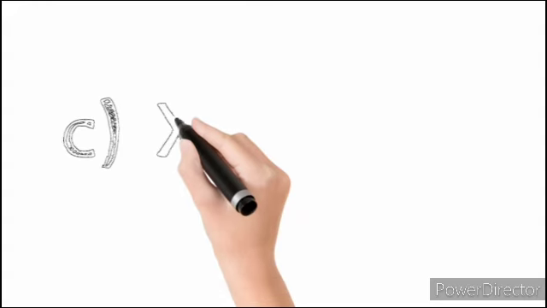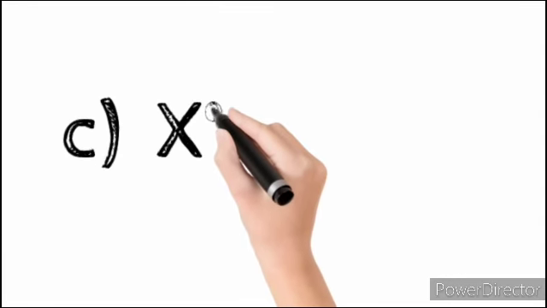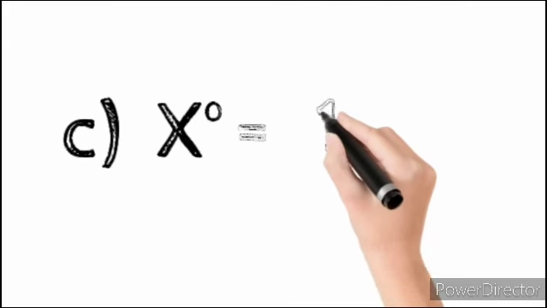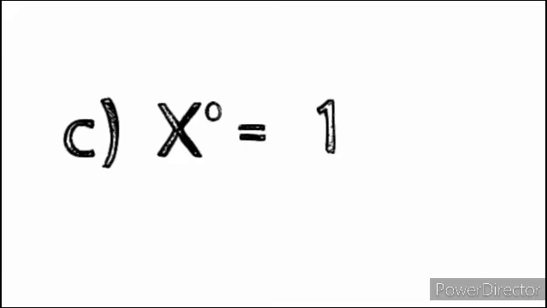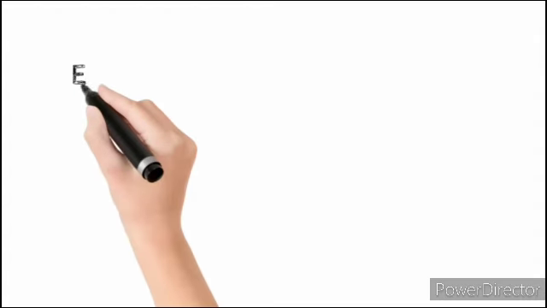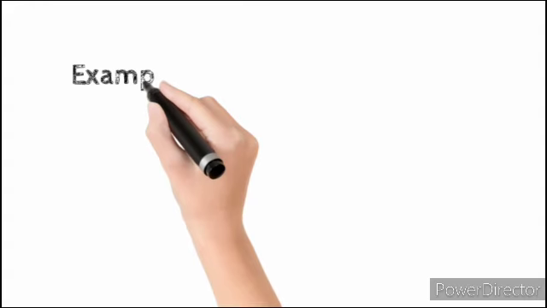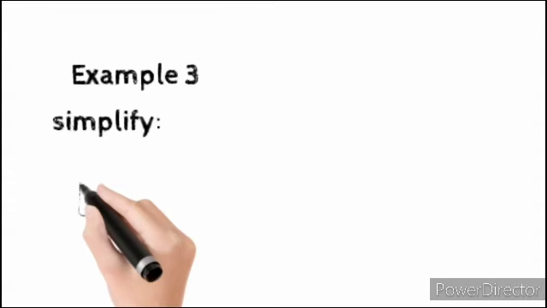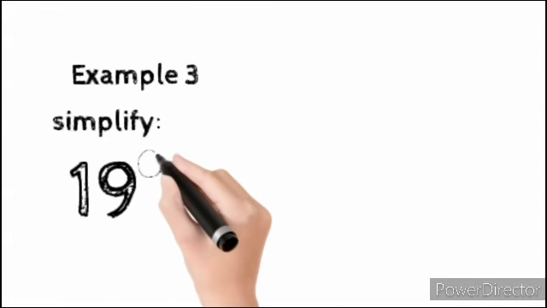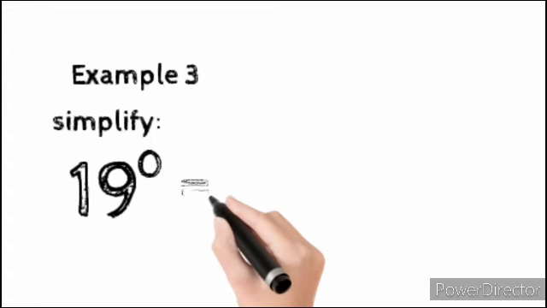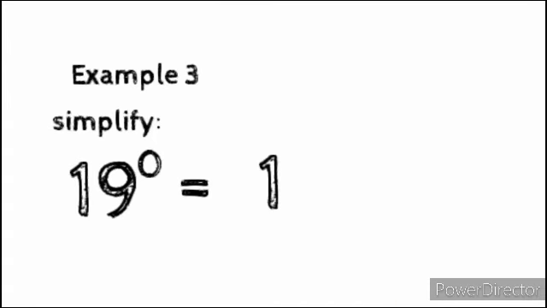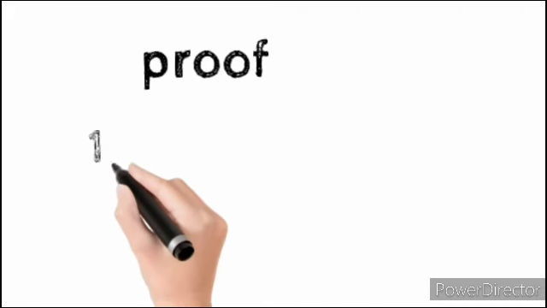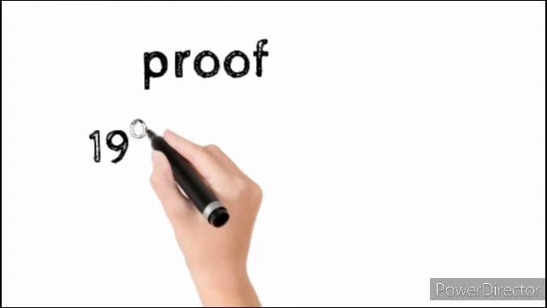The third law says x raised to power 0 equals 1, and x is not 0. Now let's prove this. Example, 19 raised to power 0 equals 1. Remember that a minus a is 0.